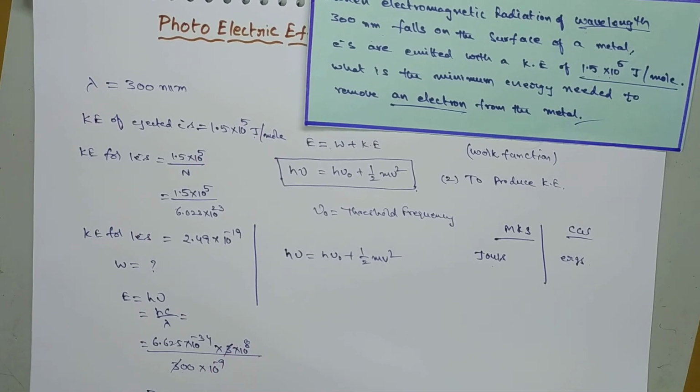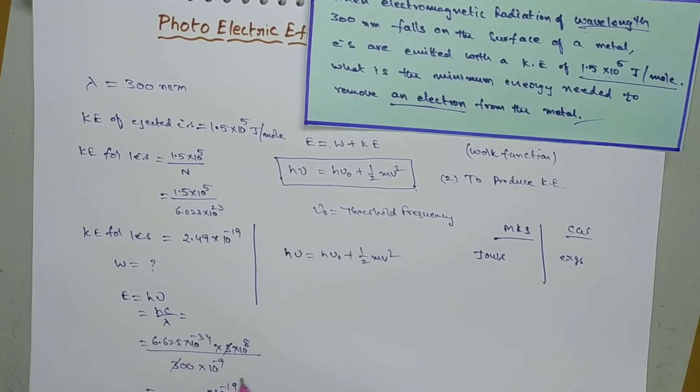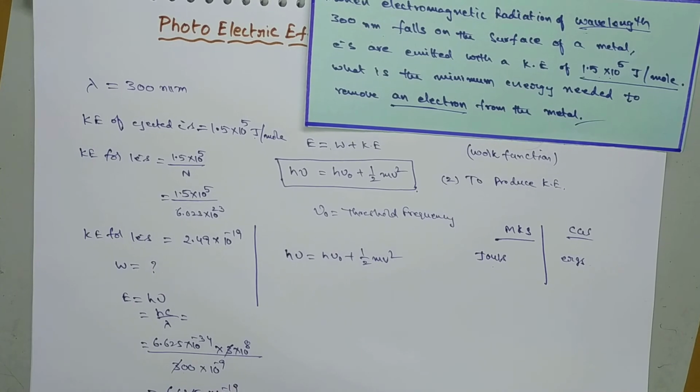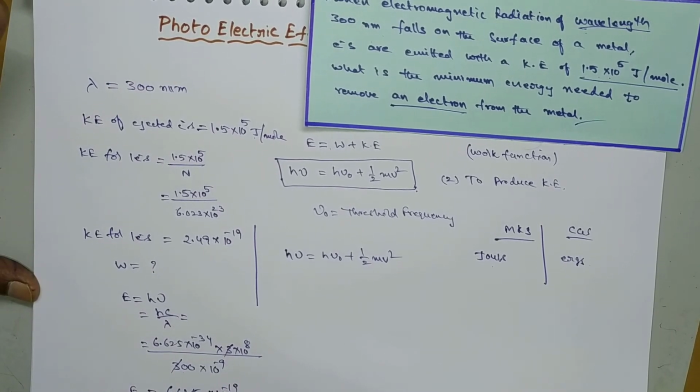So this becomes 10 power minus 19, and the energy will be 6.625 into 10 power minus 19.